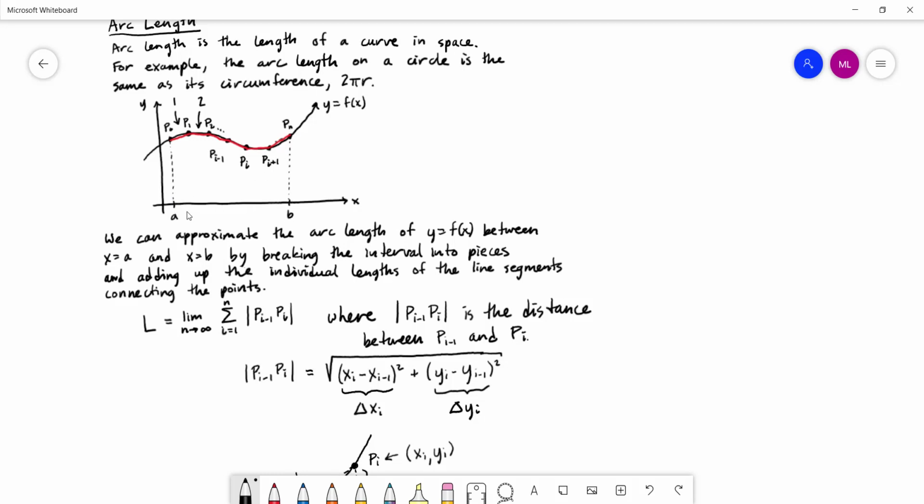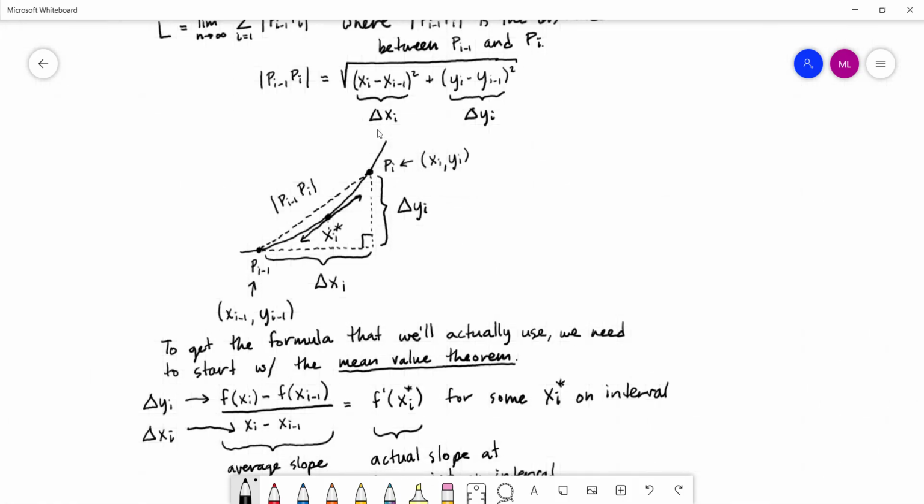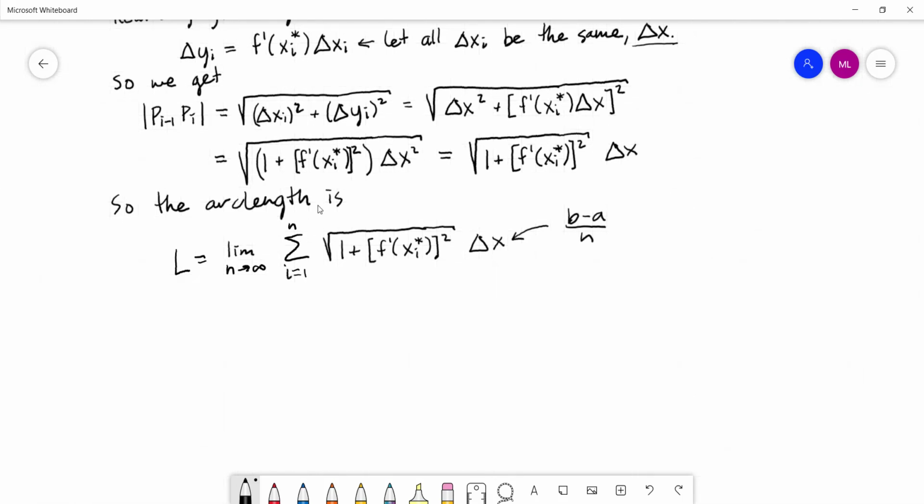So b minus a is that length, and dividing it by n gives us our delta x. We'll see again this piece in here is going to 0 as n gets very large, because we have a constant over n. So as n gets large, the delta x is going to go to 0. And we're adding up an infinite sum of infinitely small things.